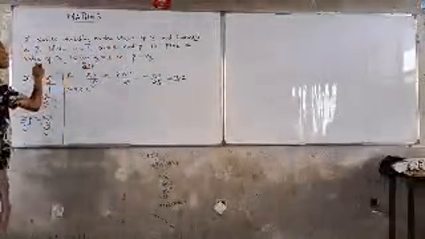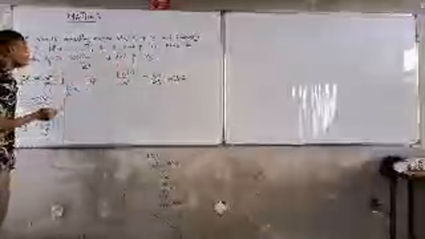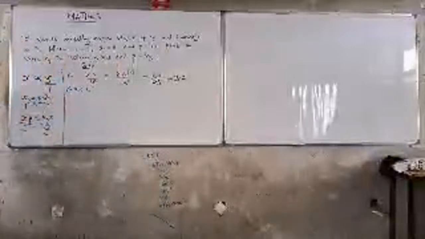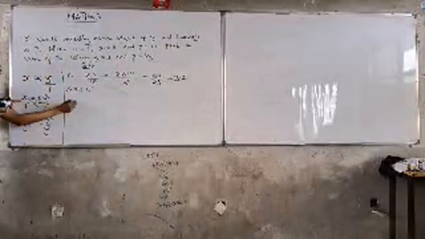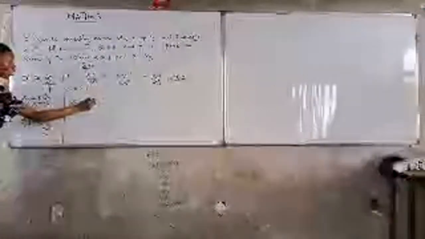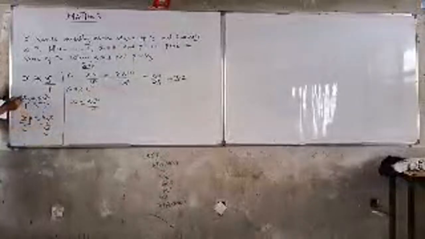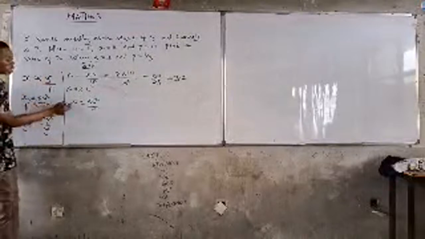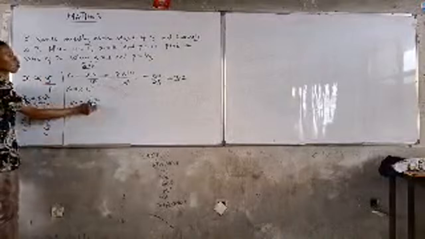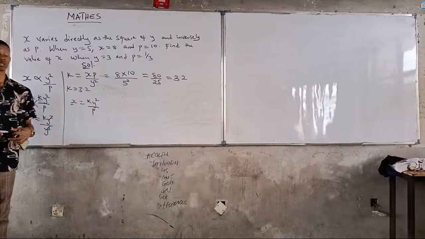They said find the value of x when y is equal to 3 and p is equal to 1 over 3. We have to find the value of x. But remember, from this equation, we have it that x is equal to ky squared all over p, from the equation we're given. And now we are asked to find the value of x when y is equal to 3.